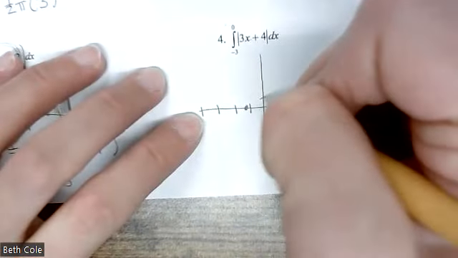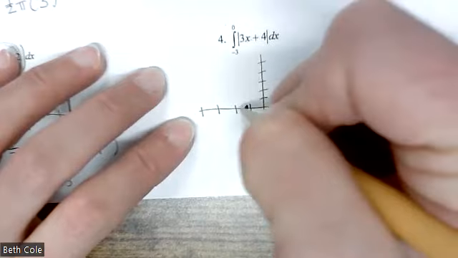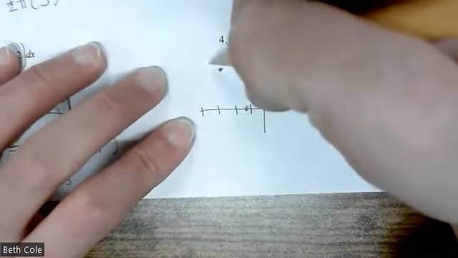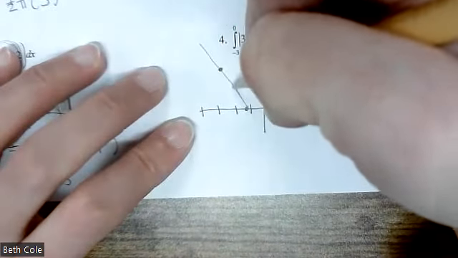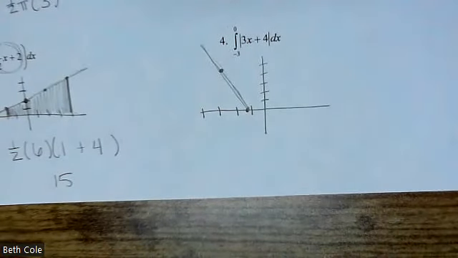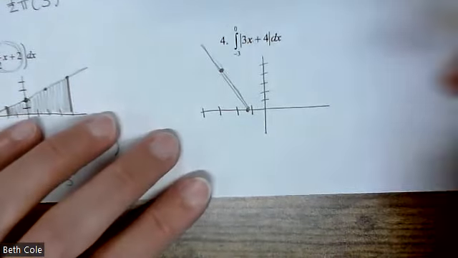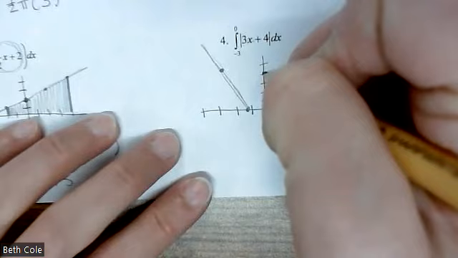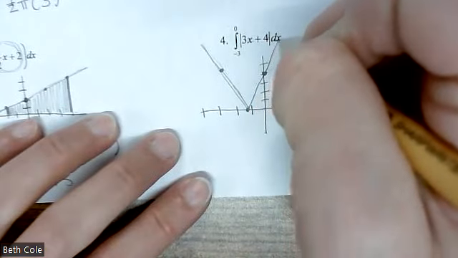So we get negative 3, 5. So it's going to go like this. And then if you plug in 0, you're going to get 4. Good. So it's going to go like this.